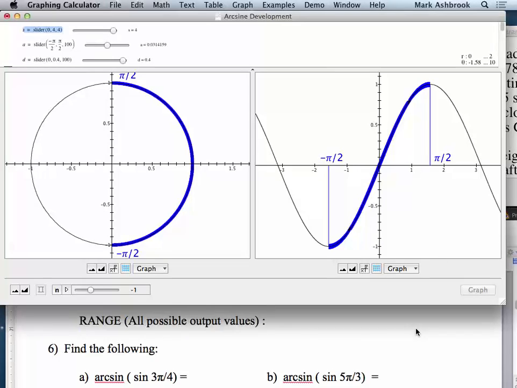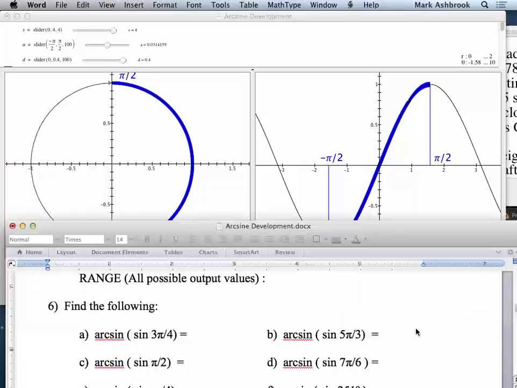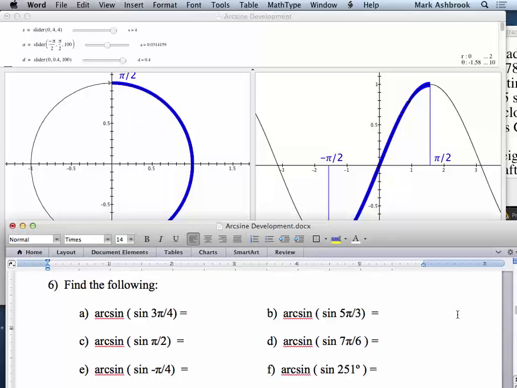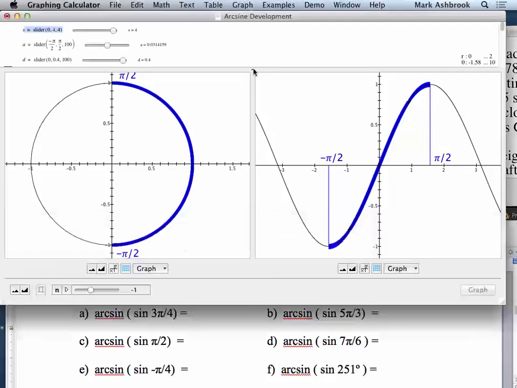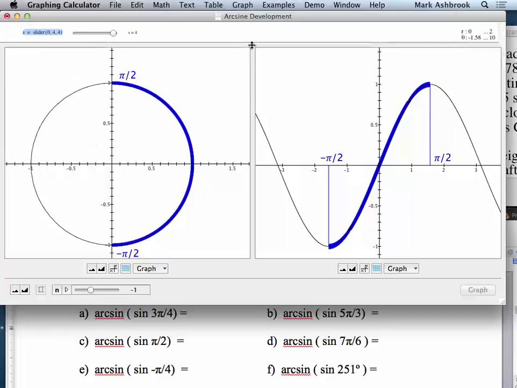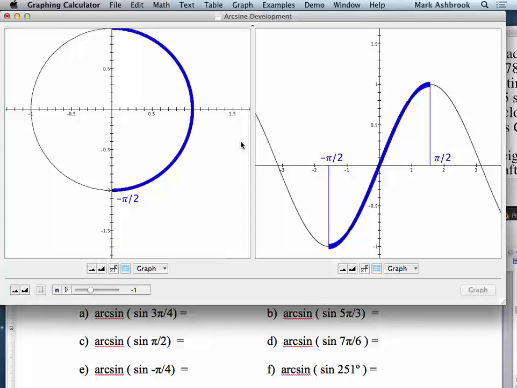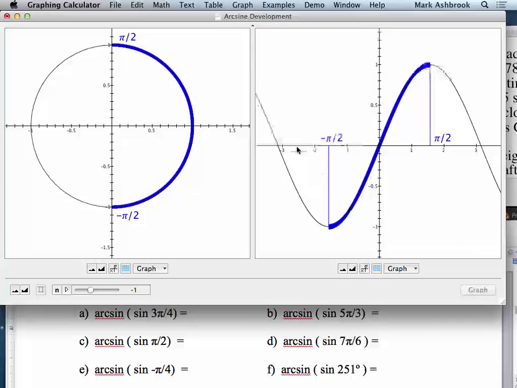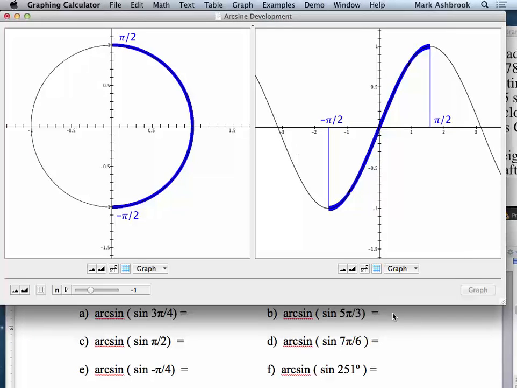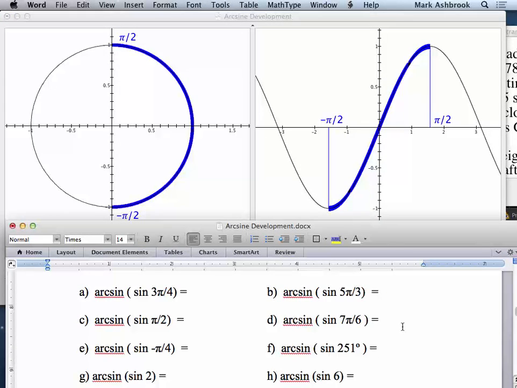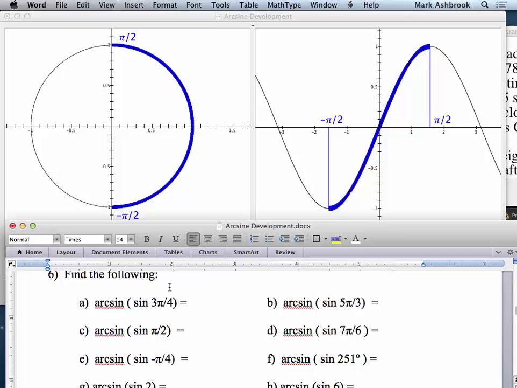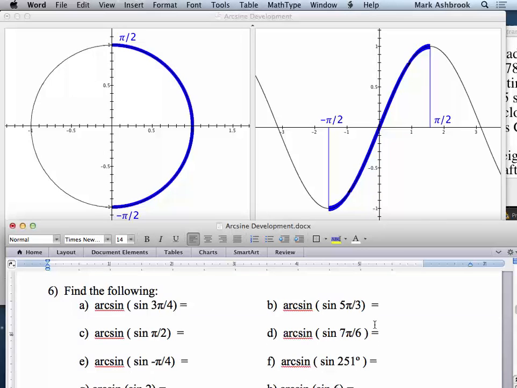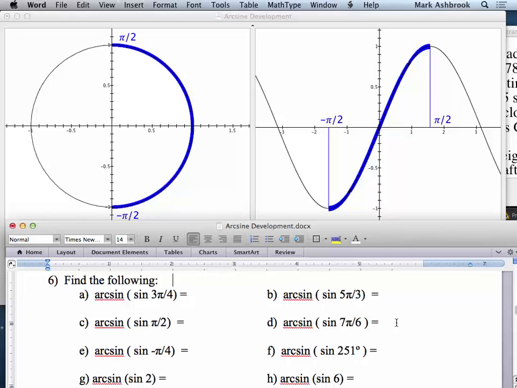Okay, so here's some great exercises to see if we get it. Okay, go. So then the order's kind of specific.